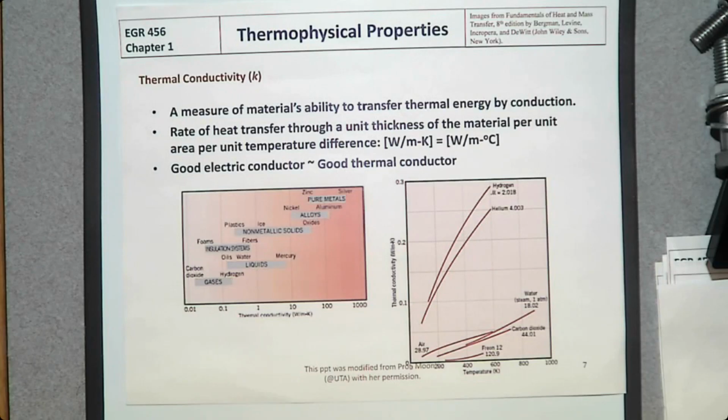Then what material has the highest thermal conductivity? Made of carbon, yes. Graphene, carbon nanotube. Heard about that, right? There are single-wall carbon nanotubes and multi-wall carbon nanotubes, whose thermal conductivity values are greater than 2,000 watts per meter Kelvin.